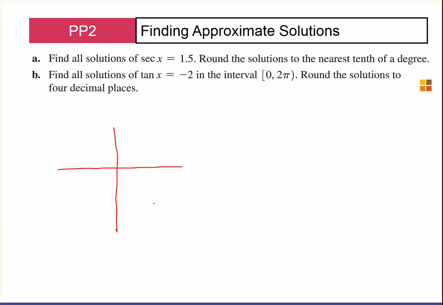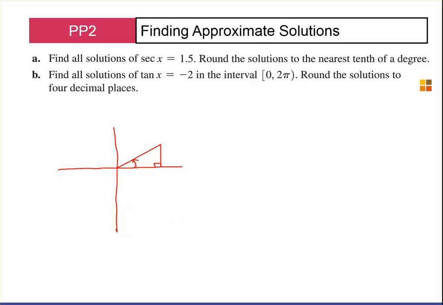A reference angle always has a reference back to the x-axis. We'll do a few things here. I'll use x prime because that's what's normally used. If I have an angle like this in quadrant 1, notice it's measured away from the x-axis.